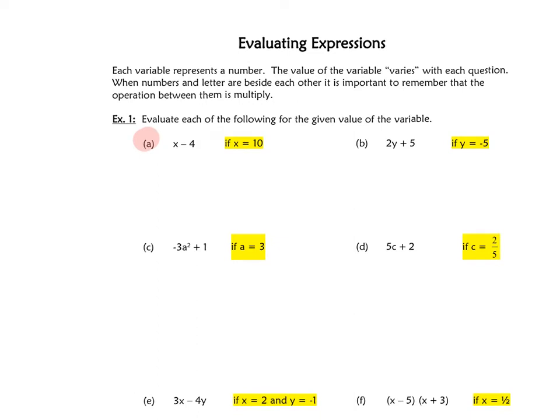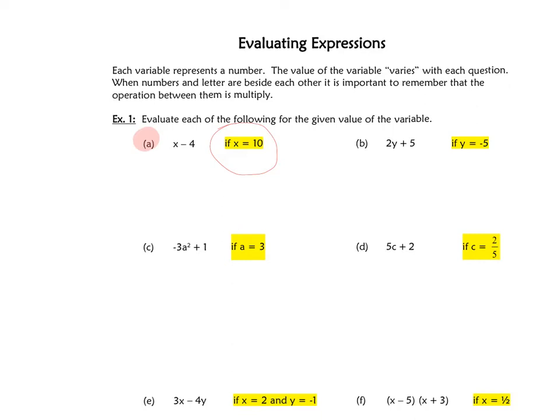We see that we have x, so x being an unknown number, minus 4. Right beside, you can see if x equals 10. So we're given that the variable x equals 10. So we're just going to fill in x as 10 and solve it.